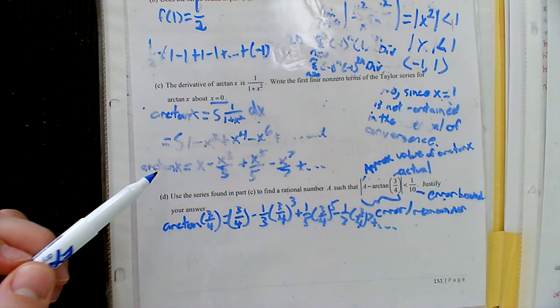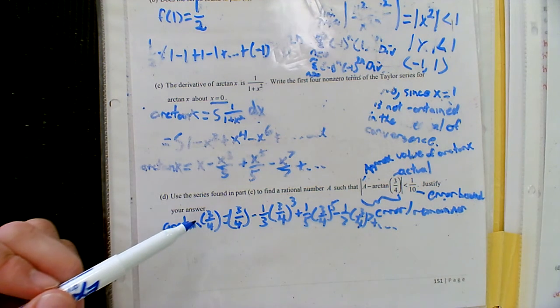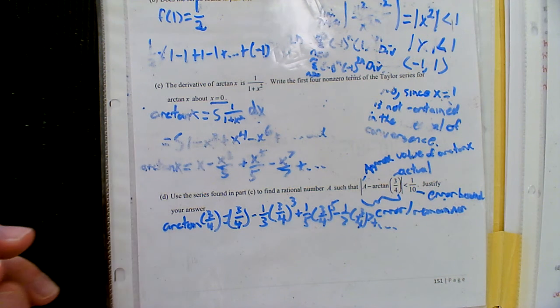So again, right now we're just plugging into the arctan of x. We have 3/4, that's what they want to know about, so we're just plugging directly in.